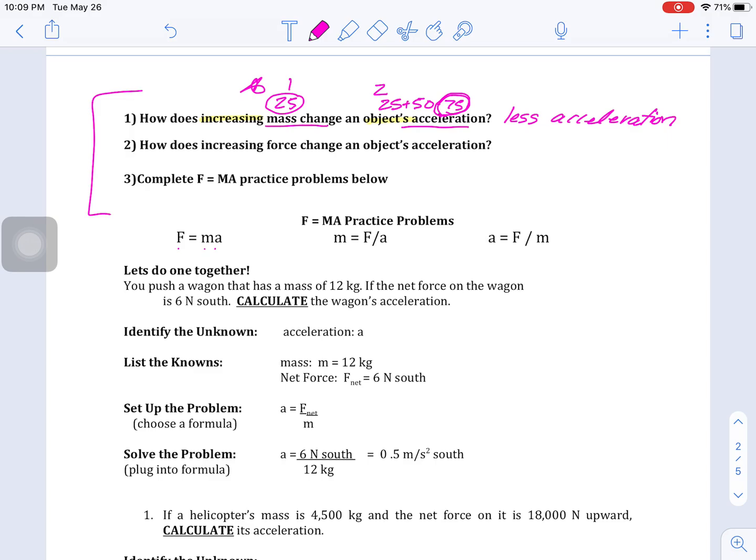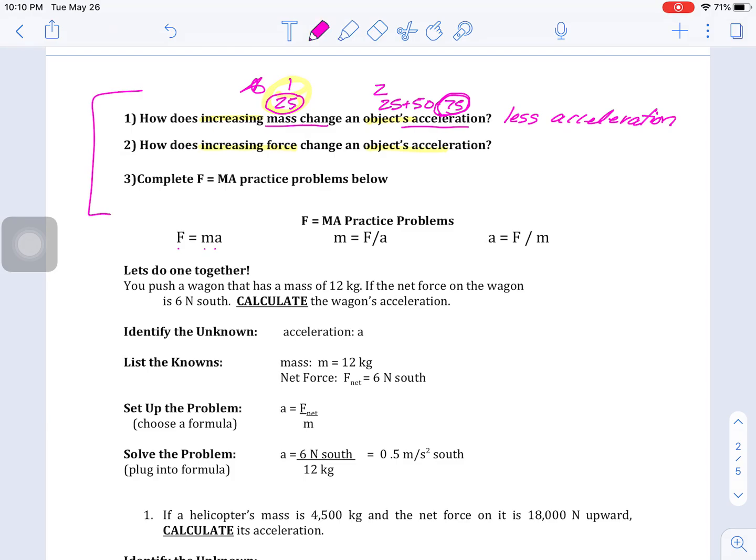Cool. The second one here, how does increasing the force change an object's acceleration? So let's go back to the stroller example. If I'm just pushing the single daughter with different forces, what's that going to do to her acceleration?